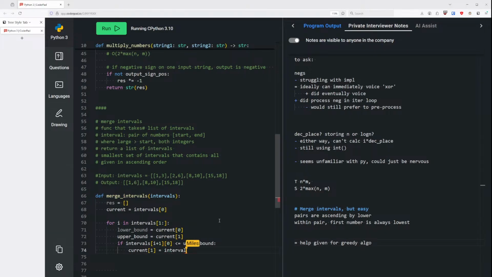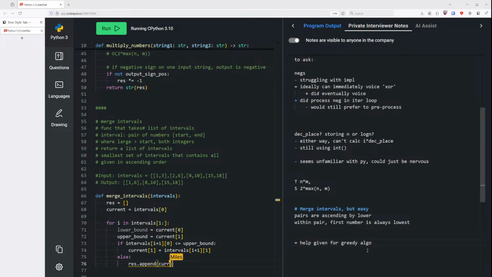Equals intervals I plus 1, because that'll cover the whole thing and that'll be in our results. Yes. And what if in the else case? So if they can't be combined, then we should add the current to our results and move the current to the next one and then do the next check.